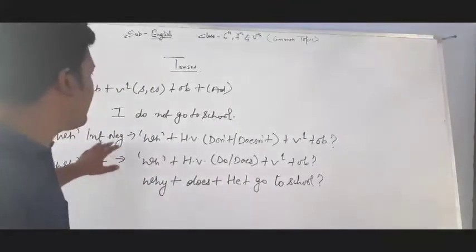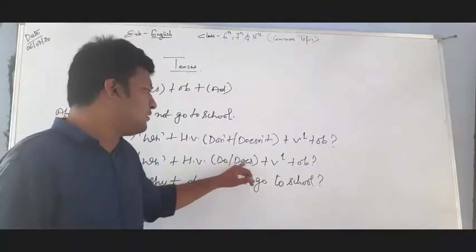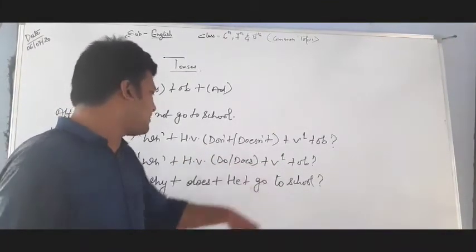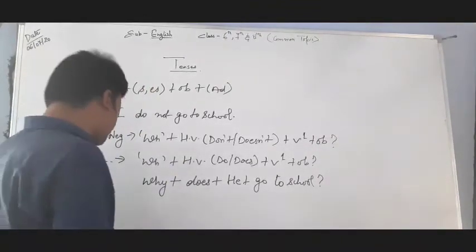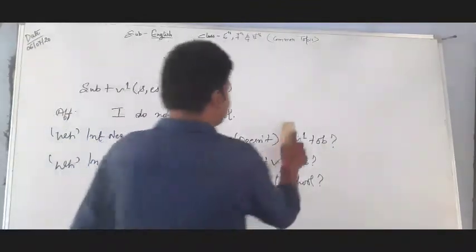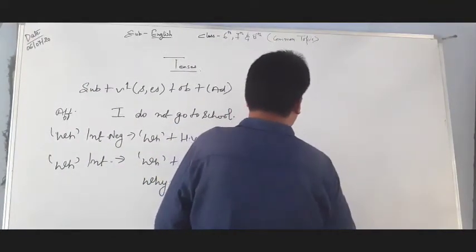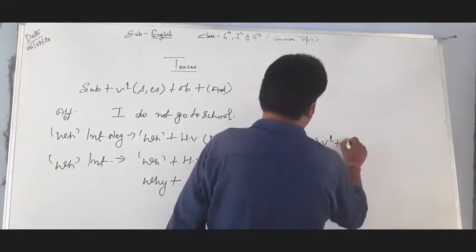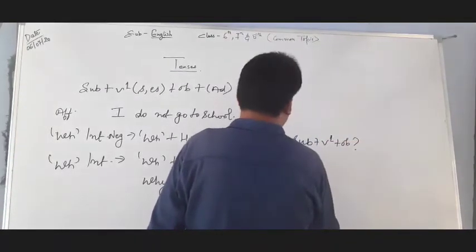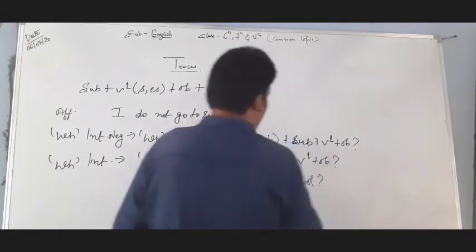Then I have told you interrogative, that is helping verb do or does plus subject plus verb first form plus object. And then the WH word forms, again with subject plus verb first form plus object.